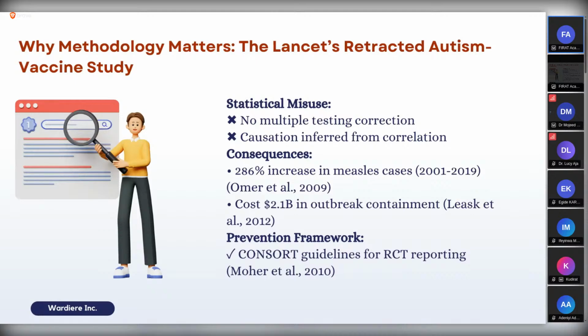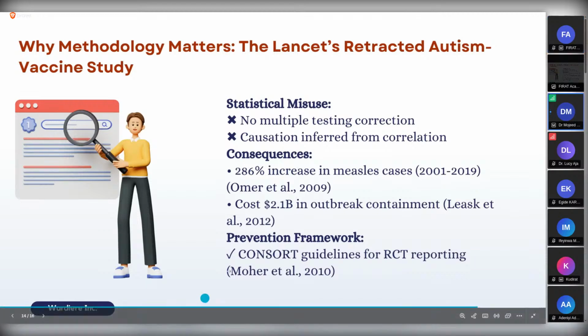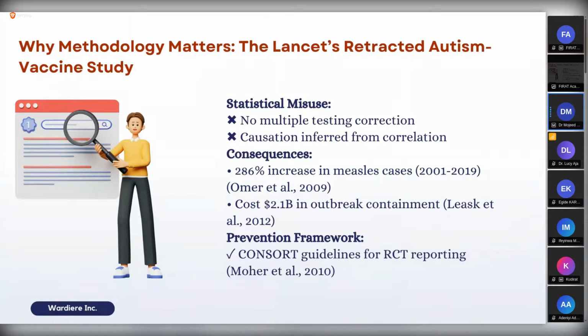Oh, okay. I was saying that statistical misuse, they conducted multiple testing without correcting for multiple testing because it is going to increase false positives. And they inferred causation from correlation, and that is not correct. You cannot infer causation from correlations.